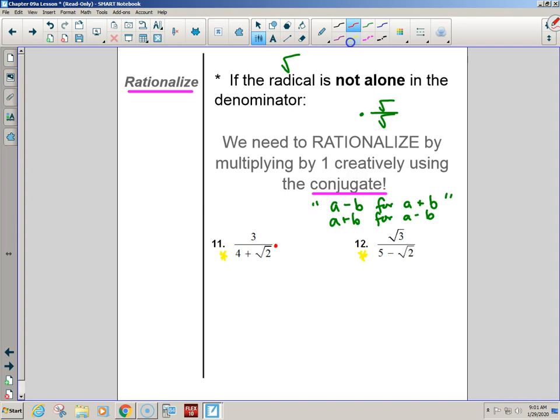Does anybody have an idea, just with those clues, as to what I need to do to get rid of that? It might be way too hard of a question, but maybe not. Does anybody have any idea what I'm going to multiply top and bottom by? Andrew, what do you think? Like the same thing?